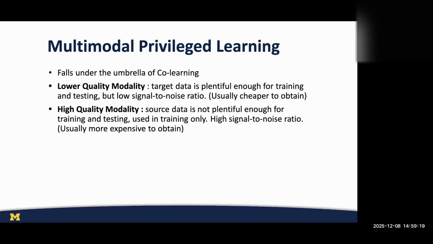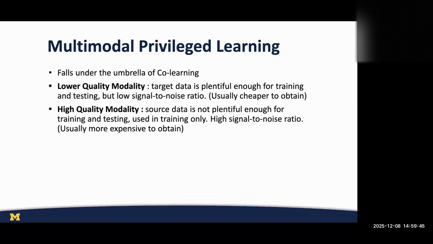And then the second set of features is the high quality modality. This is usually a test that's more expensive to obtain, and therefore the source data is not enough to be used in both training and testing. So we only use it in training. This might be something like, for example, MRI.